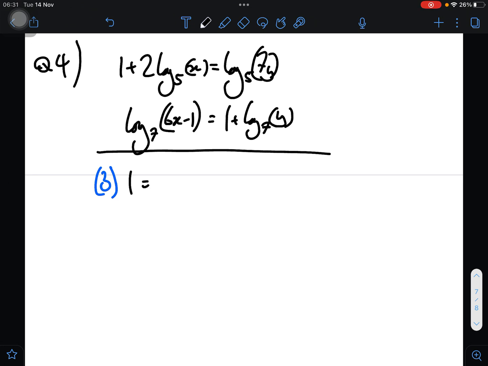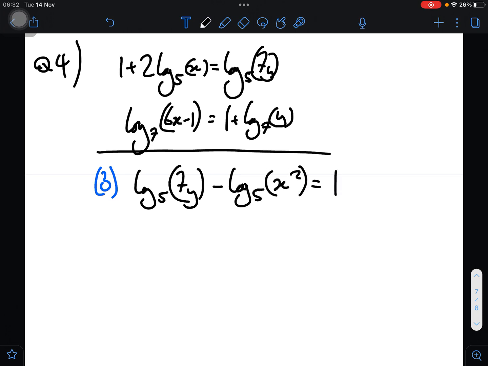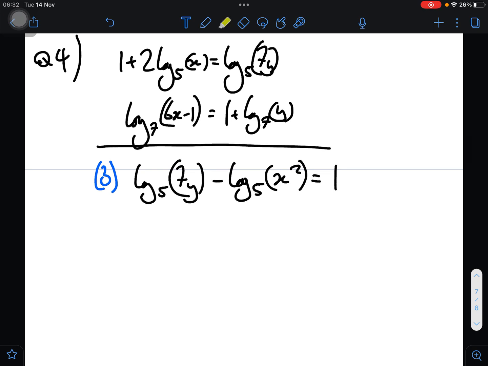So I get 1 equals to, no, let's do it the other way. Let's get log 5 of 7y minus log 5 of x squared equal to 1. I've used rule 3 here on this one here, and that's how I've gotten to that there, in case you're not following.